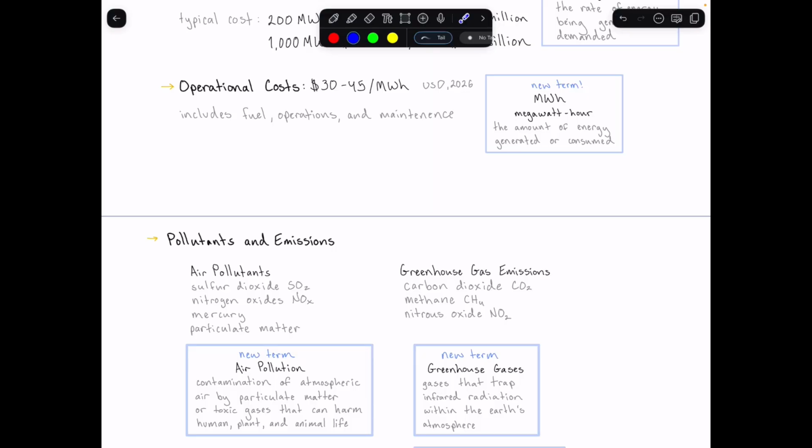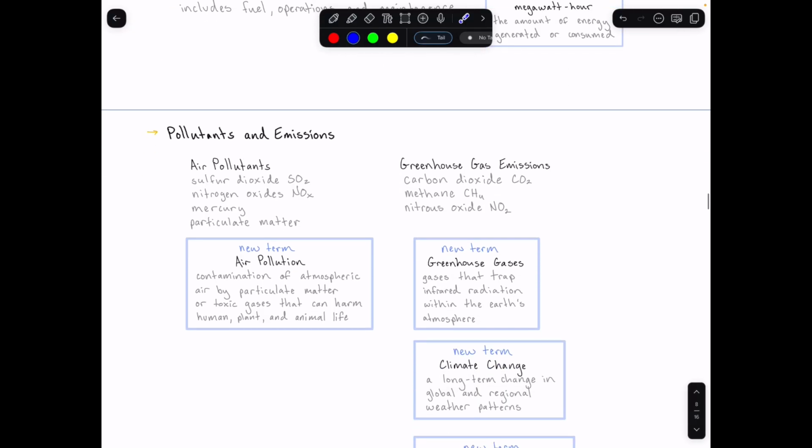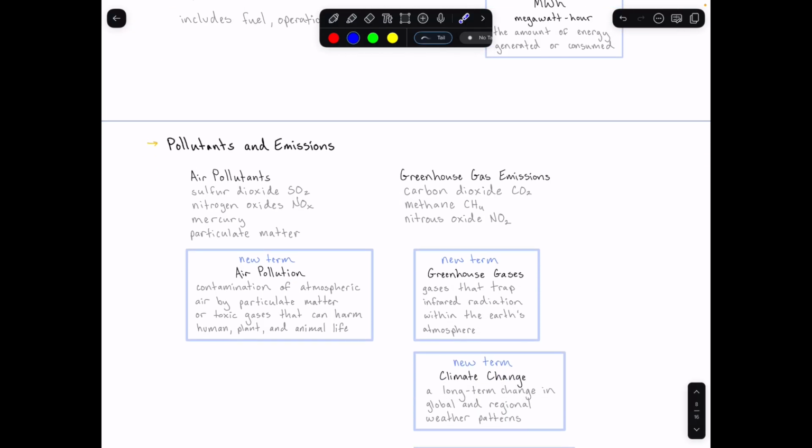Now, this might beg the question, why do we care about greenhouse gases if they are not toxic to us? You can breathe in carbon dioxide and you're still perfectly fine. The thing is that if enough greenhouse gases are spewed into the atmosphere, they can lead to what is called climate change. Climate change is a long-term change in global and regional weather patterns.